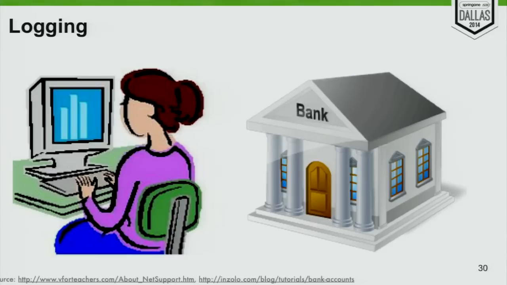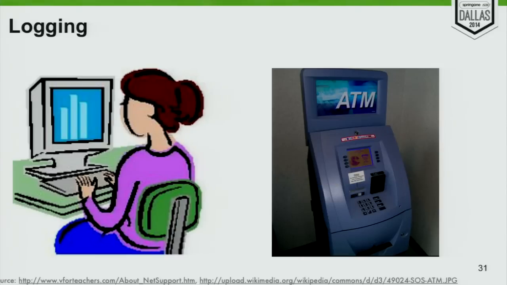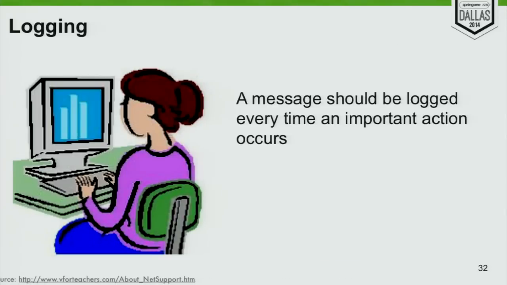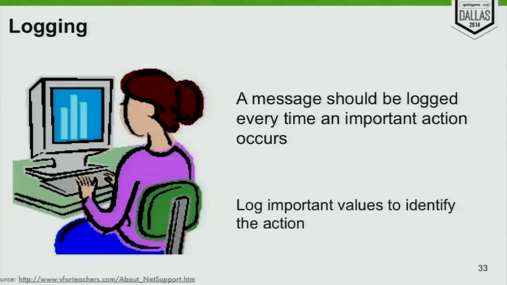So take Sue here. She works at a bank, and she's in charge of their ATM. And her boss wants her to put together some audit logging. So she needs to log all the important actions, and she needs to log the important values for those actions.